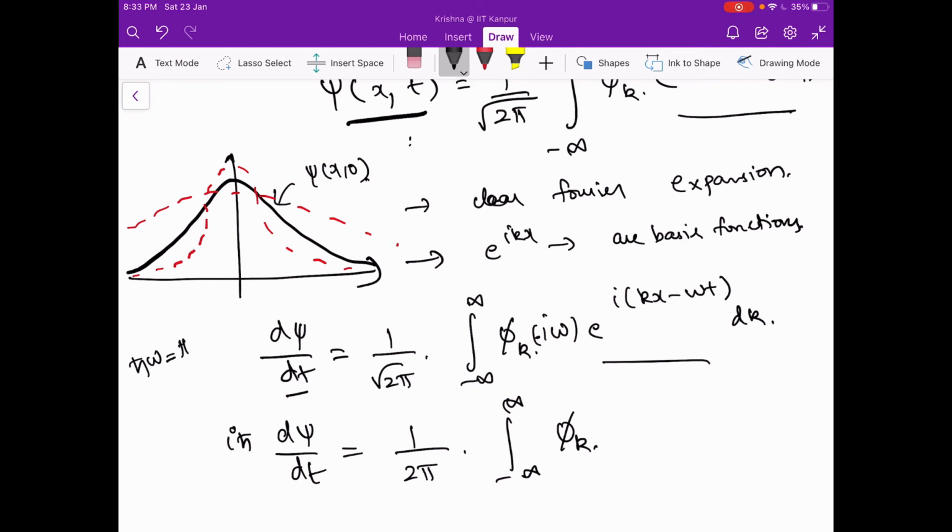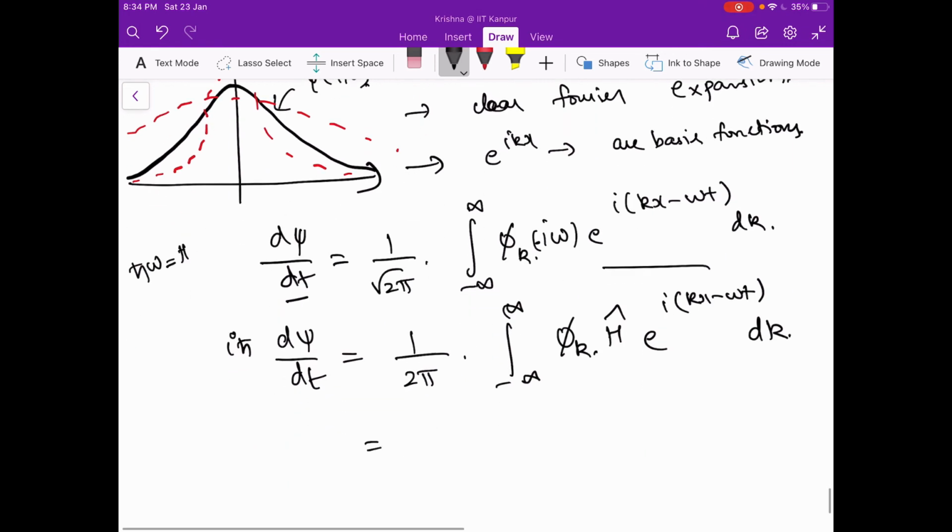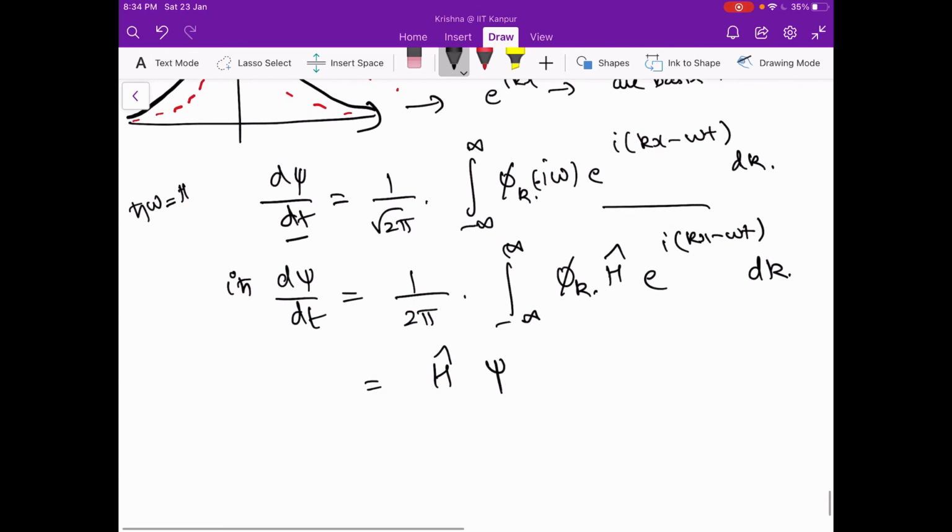This will turn out to be the Hamiltonian times e power i(kx minus omega t) dk. So this is basically H acting on psi again. That's why we multiply this by i h cross on this side, to give you h cross omega here, and h cross omega is the energy.